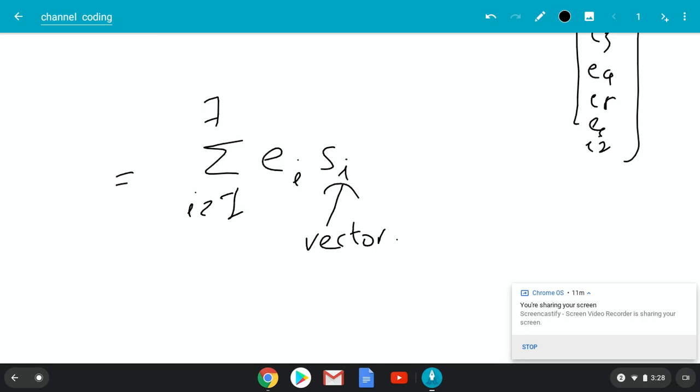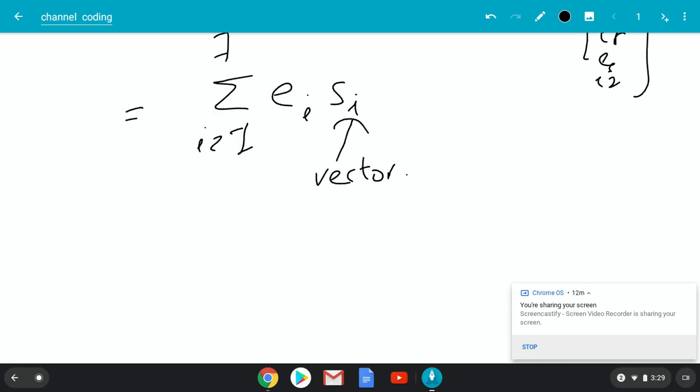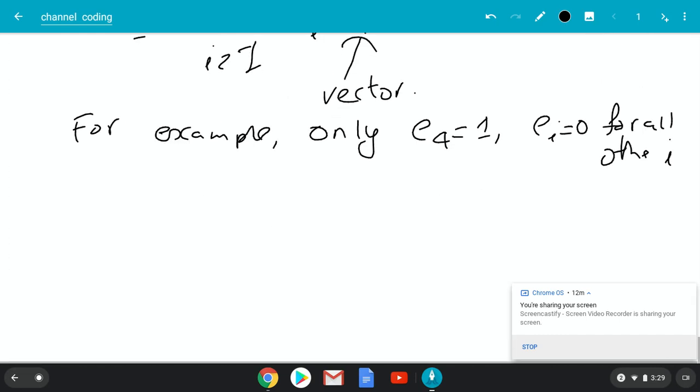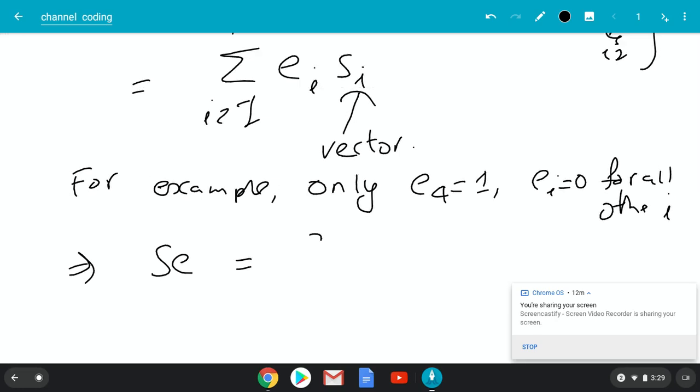Okay, so let's say, for example, only E4 equal to 1 and Ei equal to 0 for all other i. So this means my S times E will be equal to S4, right, from the above summation.